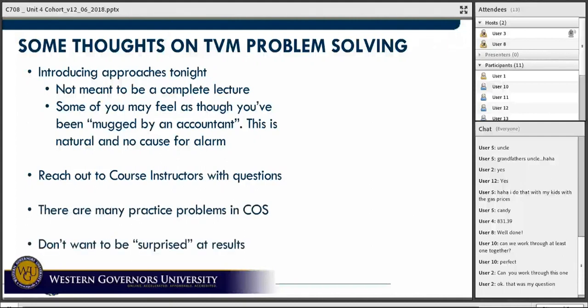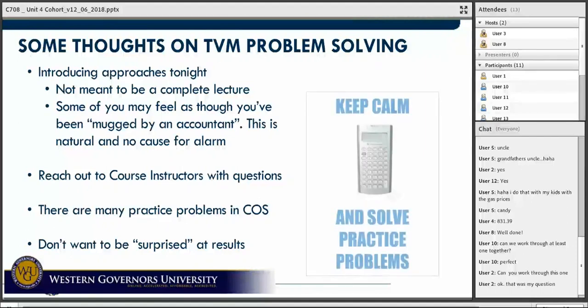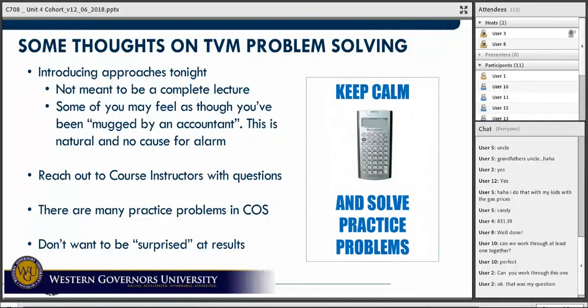There's practice problems in the course of study. You don't want to be surprised at the results. In other words, you don't want to be punching numbers into the calculator and go, I wonder what's going to happen here. So the idea is, keep calm and solve practice problems.